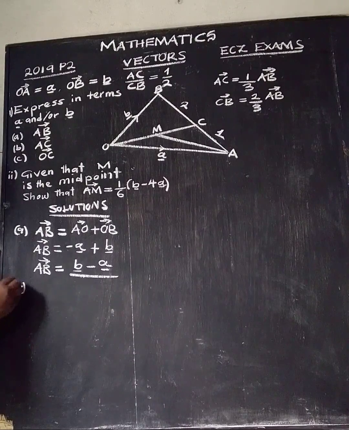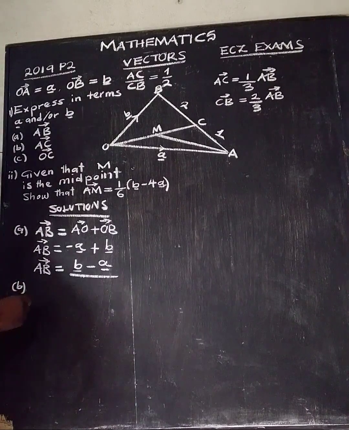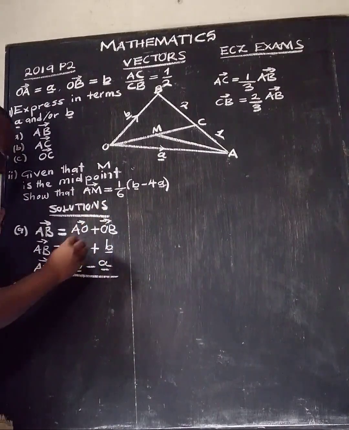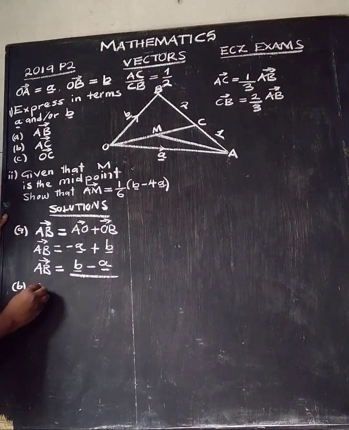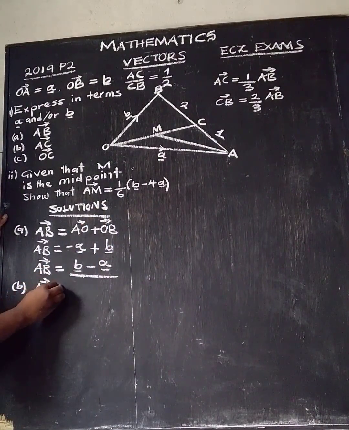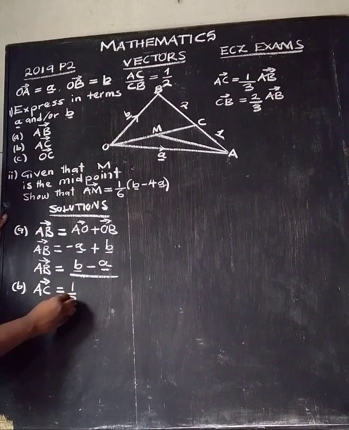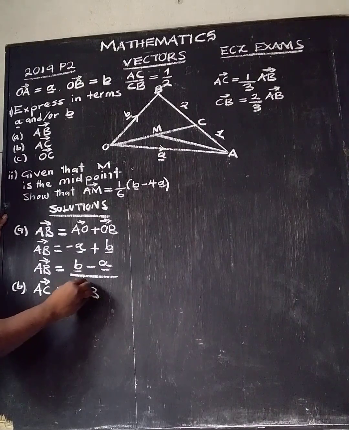Let's look at question B. They want us to find AC, from A to C. Remember what I said? AC is 1/3 of AB.